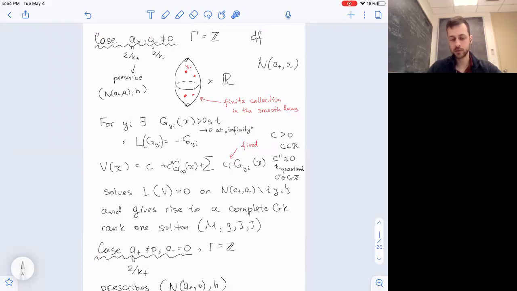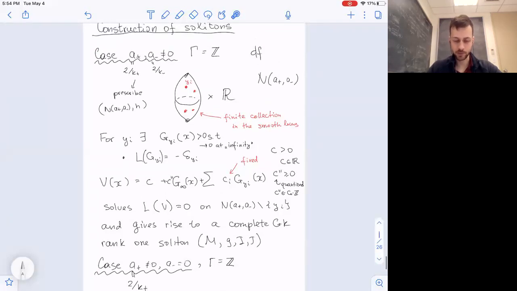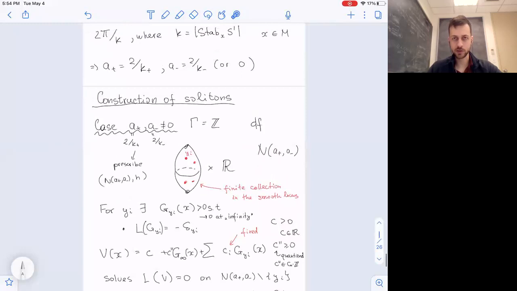It will flow by diffeomorphism either along VI or with J. If you take the I fixed gauge or J fixed gauge, or the neutral gauge, the effect of the flow will be adding a constant to the function phi. You remember this function phi, it was a linear combination of mu plus and mu minus plus a constant. So the effect of the flow will be just increasing this constant at linear speed.